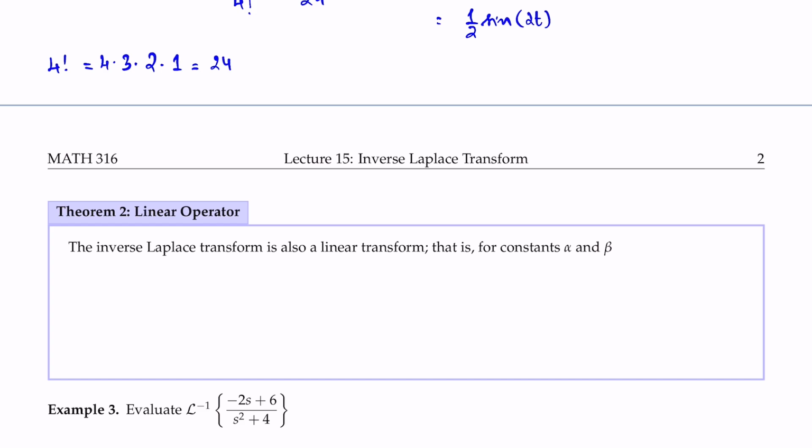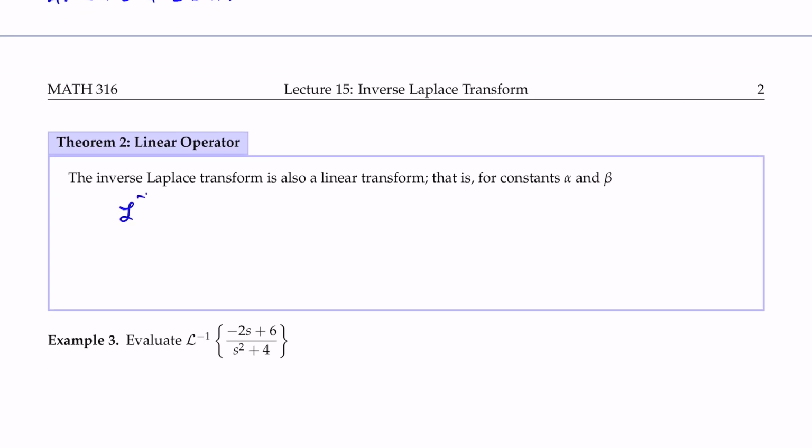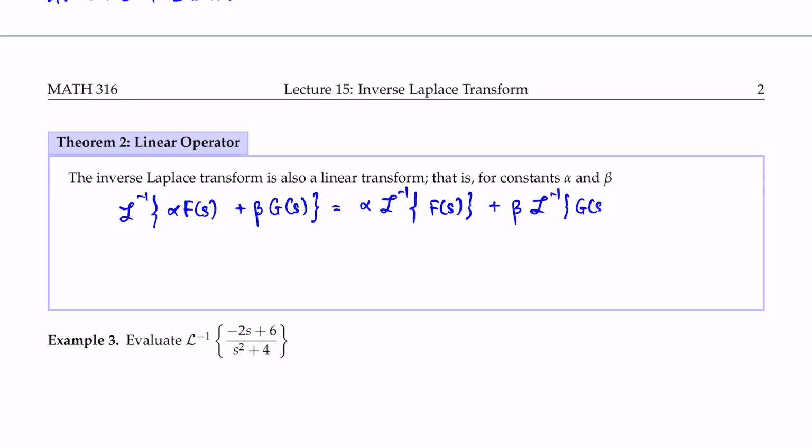That is, for constants alpha and beta, the inverse Laplace transform of alpha times capital F of s plus beta times capital G of s is equal to alpha times the inverse Laplace transform of capital F of s plus beta times the inverse Laplace transform of G of s.